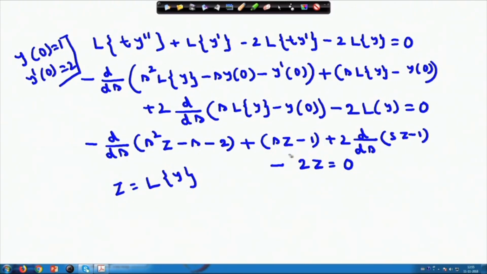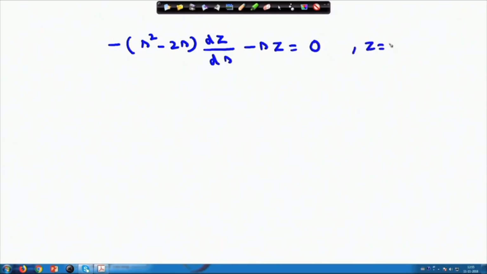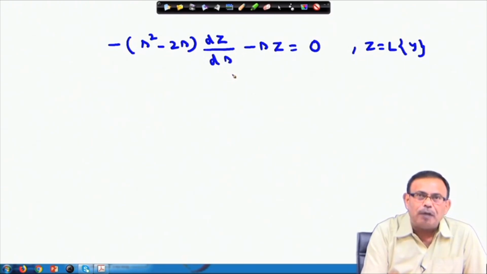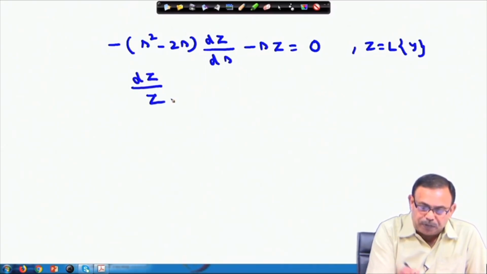So, once I am getting this, I can break this d d s part and I will obtain this equation: minus (s square minus 2 s) dz by ds minus s z equals 0. As I was telling, by assuming z equals Laplace transform of y, your second order ODE is being transformed into one first order ODE, and I have to find the solution of this first order ODE. To find the solution of this I can use the separation of variables.